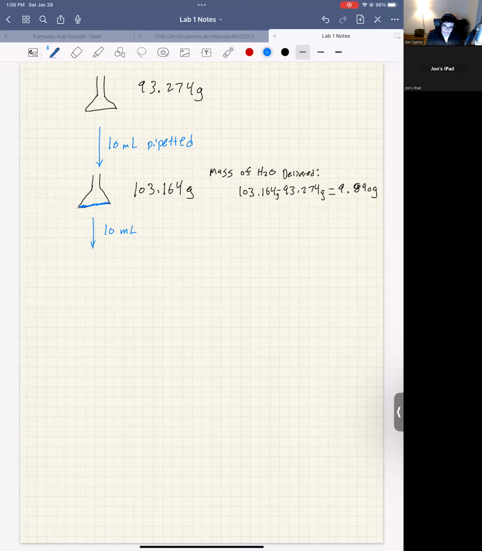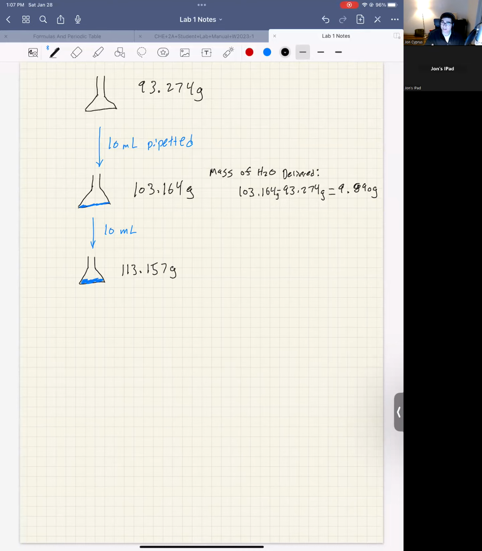Now in the next trial, you added 10 more milliliters of water, and you should have about 10 more grams added to your flask. So let's say that now this weighs 113.157 grams.